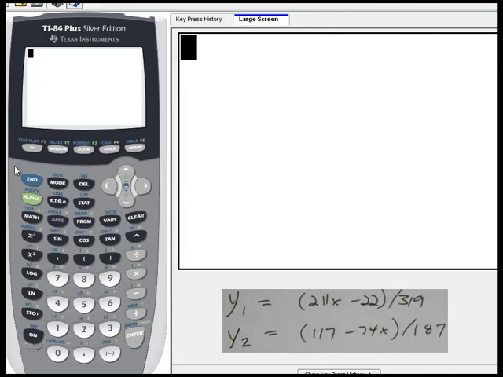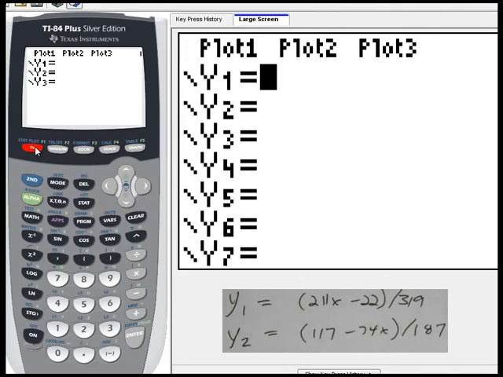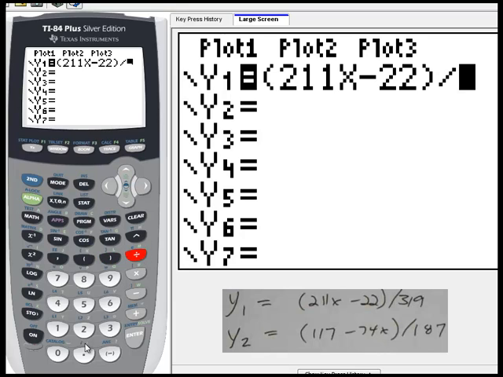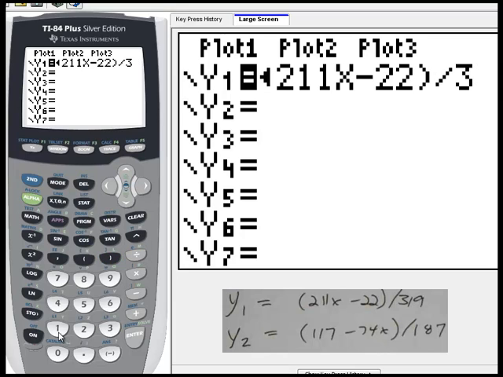Here at the calculator, we can go to the y equals edit screen, and in y1 we can put our formulation, parenthesis, 211x minus 22, parenthesis, divided by 319.